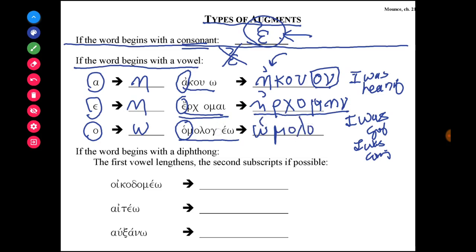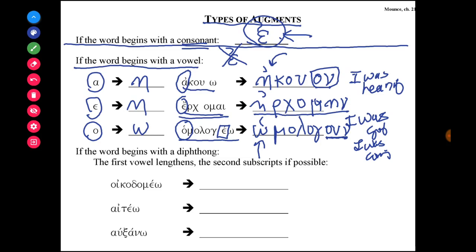I have a contract vowel here, and it just so happens because that contract vowel has an unusual suffix ending, it's going to be un, and I'll explain that not for this module, but for next module. The important thing is to note that the augment is long omega, and homologoun means I was confessing.